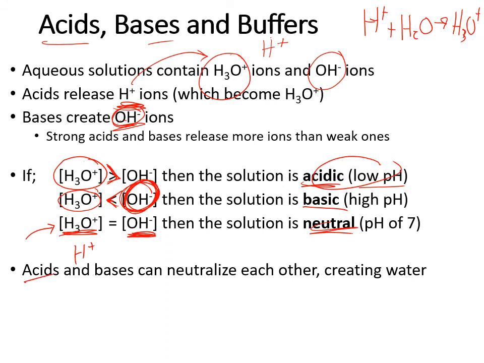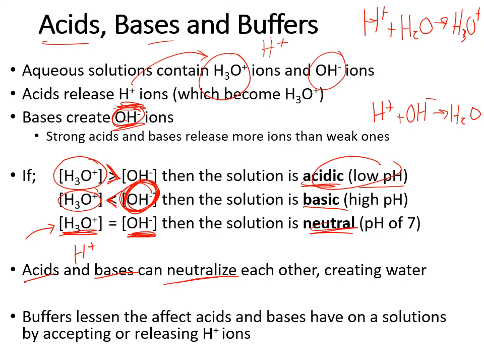If you mix an acid and a base, so something that has too many hydrogen ions and something that has too many hydroxide ions, they can actually neutralize each other, and they will come together and form water. If you add hydrogen ions to hydroxide ions, you've got two hydrogens and an oxygen, a plus and a negative charge, and you get a water molecule. So that's a neutralization reaction.